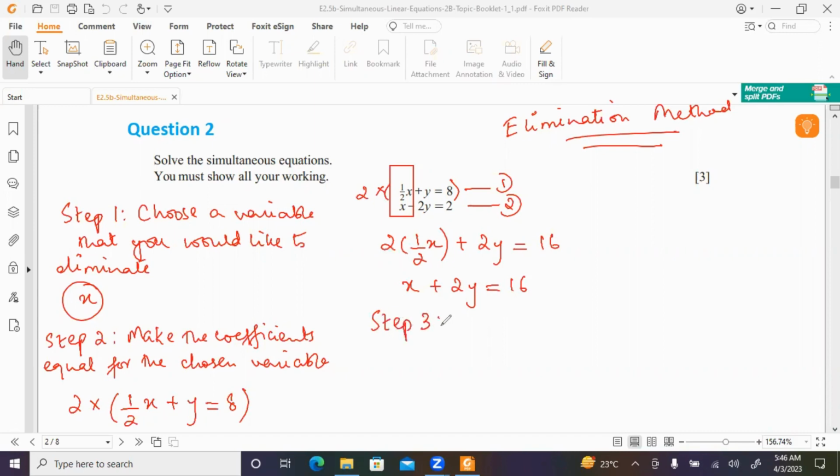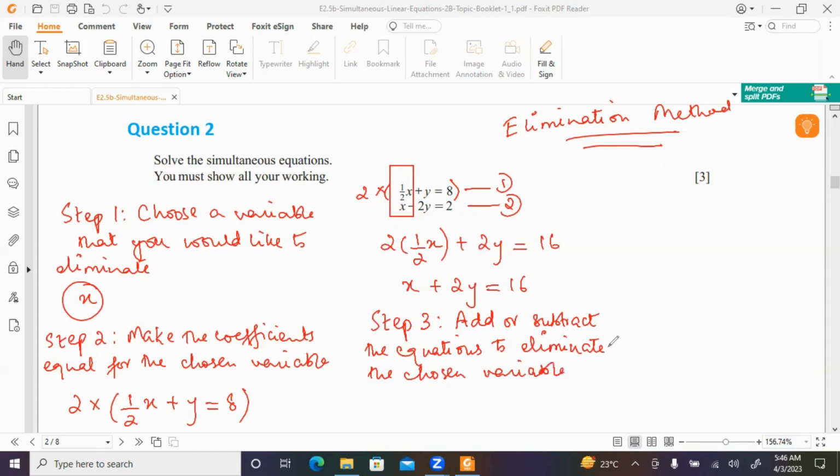The third step says add or subtract the equations to eliminate the chosen variable. Since our chosen variable is x, our first equation is now x plus 2y equals 16, and our second equation is x minus 2y equals 2.